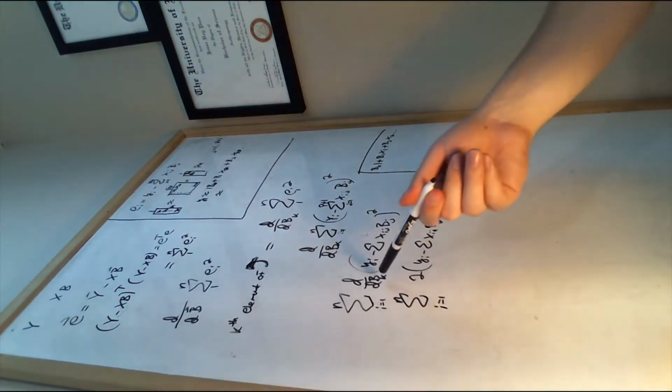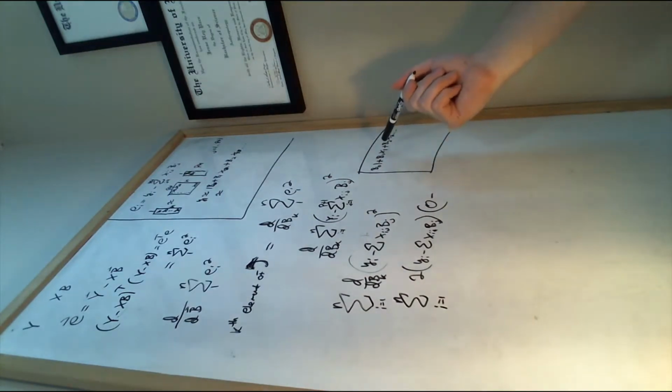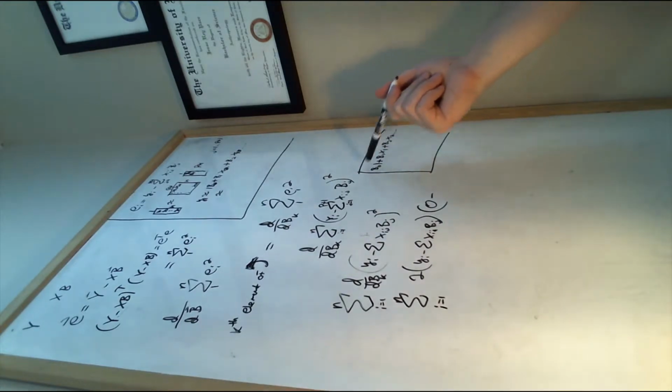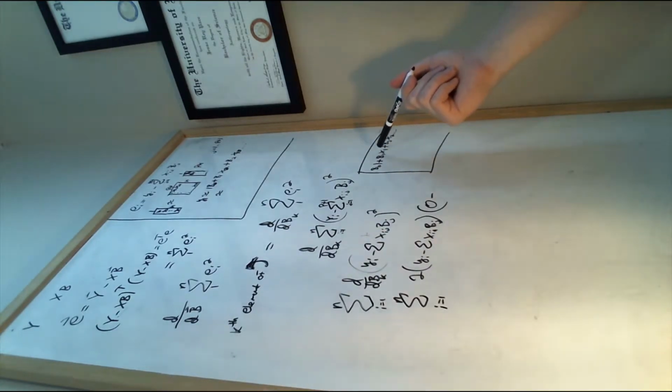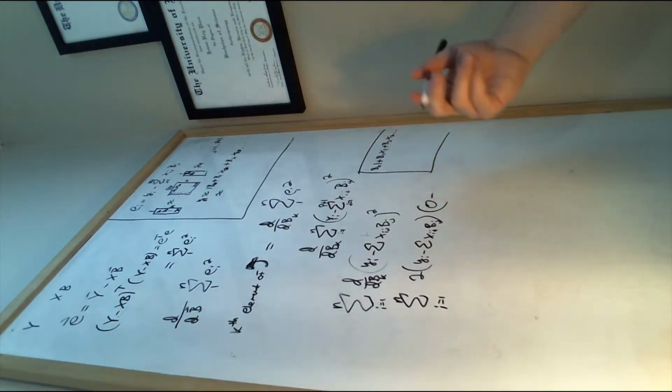So for any kth beta, every term here that doesn't contain that kth beta is going to be 0 in the derivative. And whichever one does contain the kth beta is going to go to 1. And so the only thing that's going to be preserved is the x value in the sum.